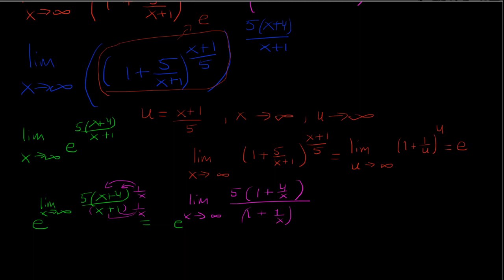Okay, so that distributes. Finally, we know that 4 over x goes to 0. 1 over x also goes to 0. So the limit at the top is just going to be 5. And so my final limit is e to the 5th power.